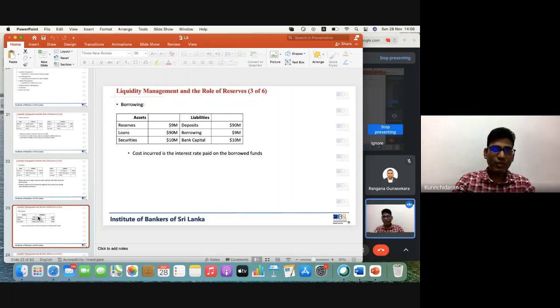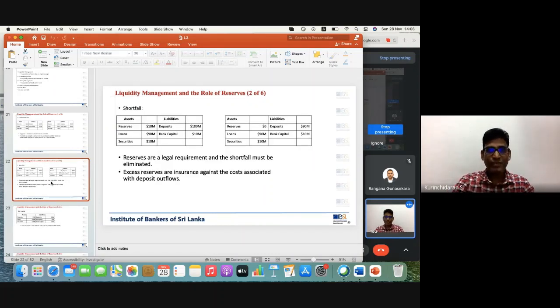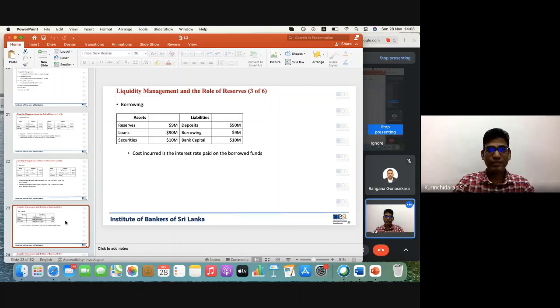Up to now, we have seen there can be excess or there can be a shortfall. Now, if there's a shortfall, what will happen? Now you have to borrow. Now your reserve is 0.